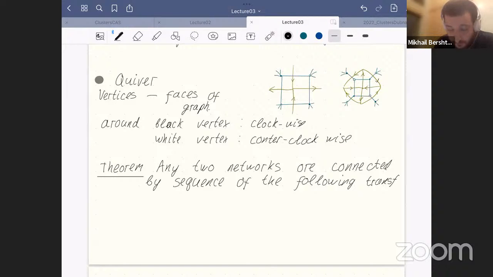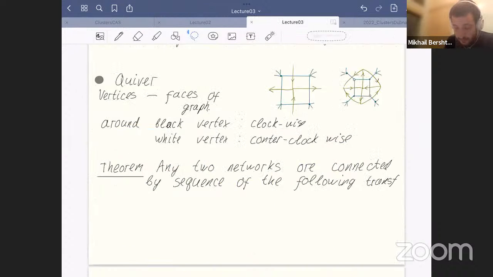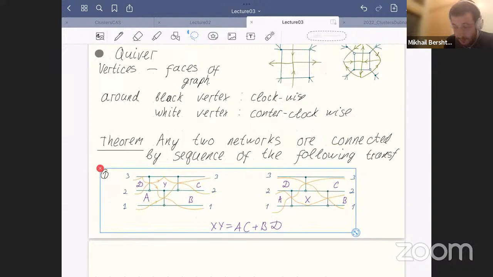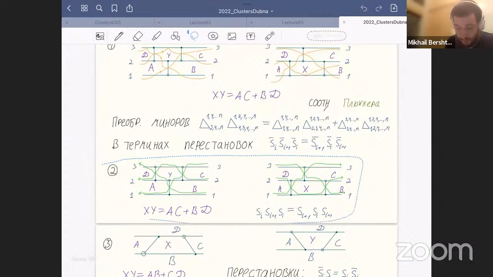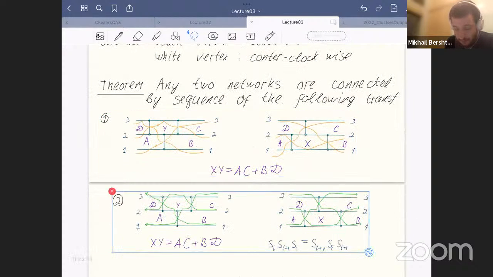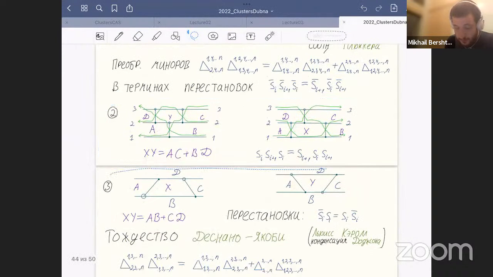Again, for speed, I copy the figures from another file. This is transformation 1. This is transformation 2. And this is transformation 3.